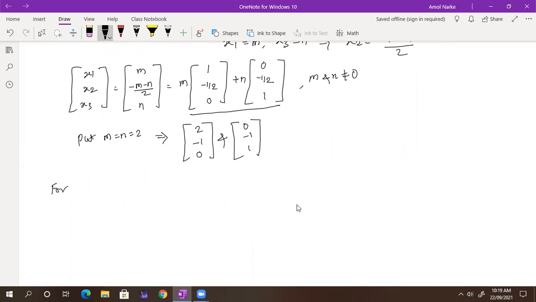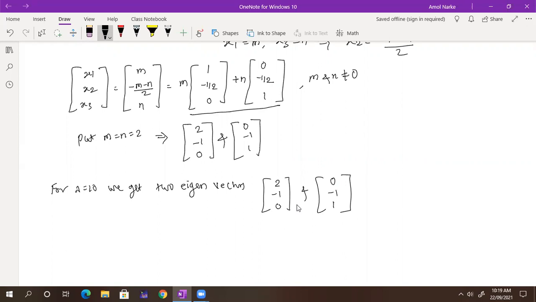Okay. So you can write down, for lambda equal to 10, we get two eigenvectors. First one is 2, minus 1, 0 and 0, minus 1 and 1. Oh sorry, not 1 here, 2.